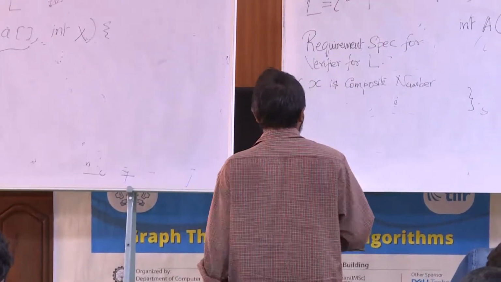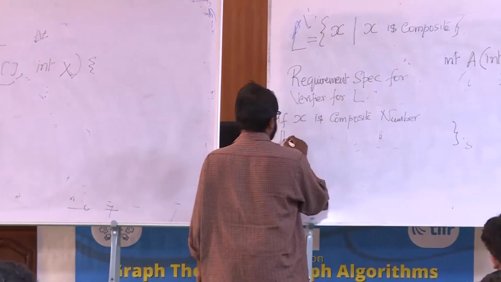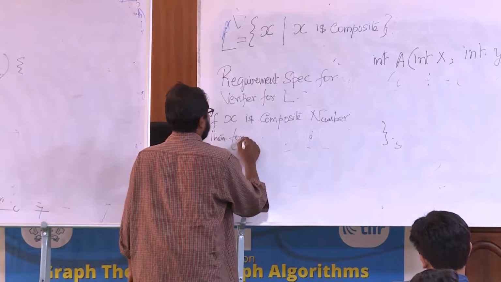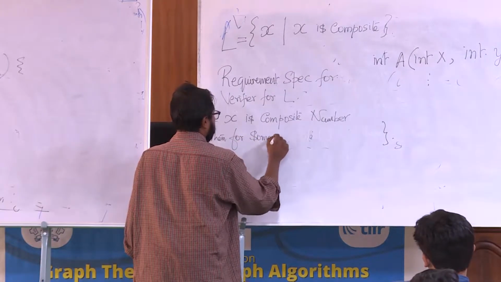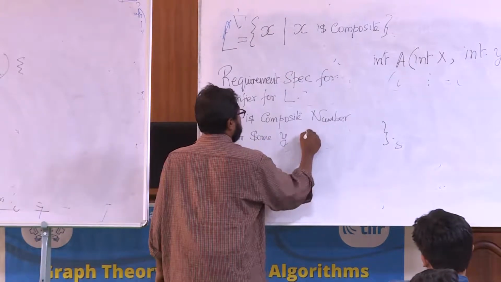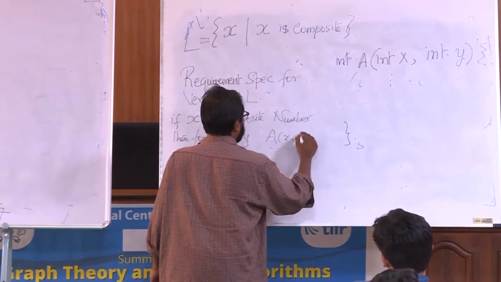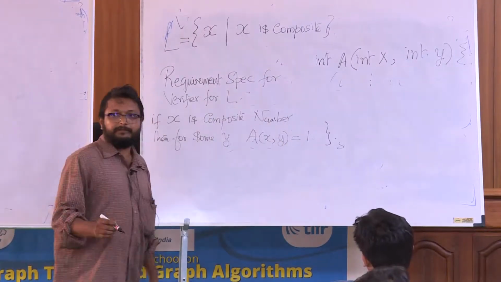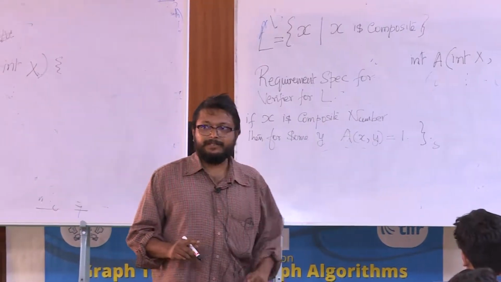Then for some y, this algorithm's return value should be equal to 1. What is the next condition?